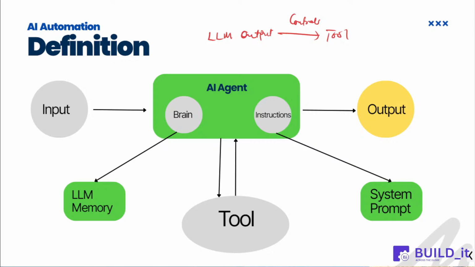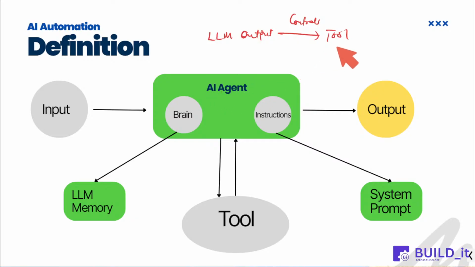You realize that I explained what an LLM is, and then I explained what a prompt is. You ask it a question, it gives you a response. If that output coming from the LLM is able to control a tool, then we say it is an AI agent.